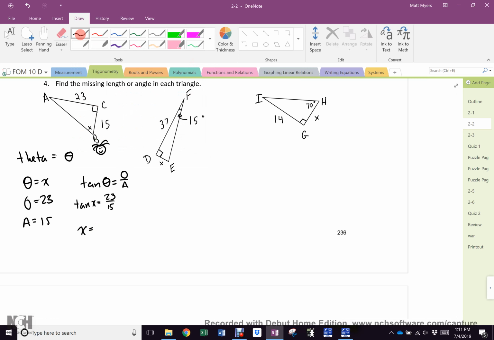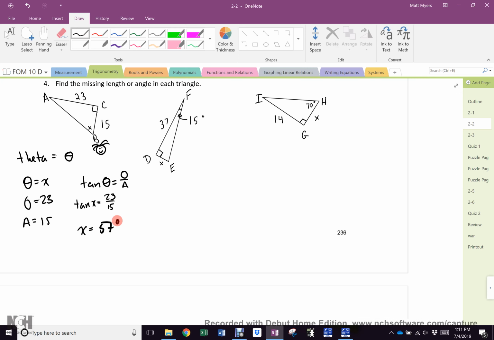And what do we have for an answer? 57 degrees. It's actually 56.88, but degrees we don't use decimals for. Degrees use minutes and seconds like time. So don't worry about it.